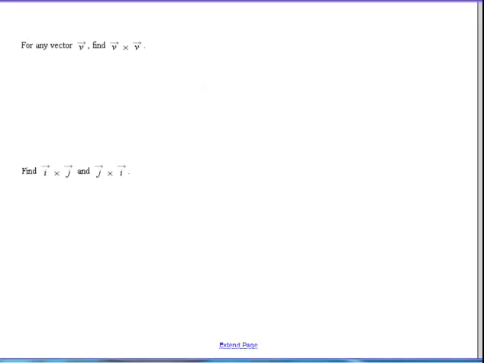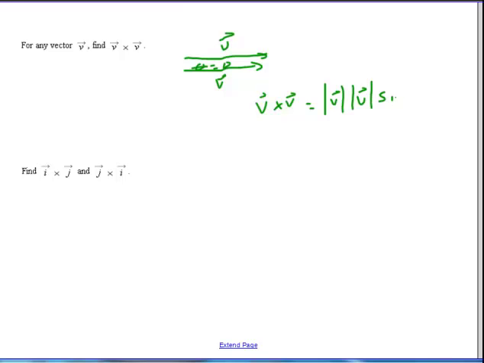Okay, so let's do some examples. It says find V cross V. Well, imagine that. We've got V crossed with V. What's the angle between them? Well, the angle between them is 0. So anytime you have a vector crossed with itself, you're going to get the magnitude of V times the magnitude of V times sine theta, and this is a magnitude, times the vector normal to them.